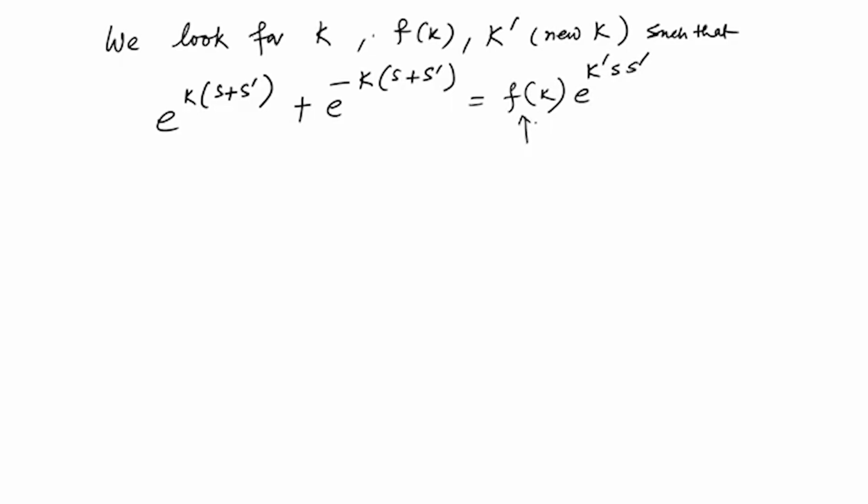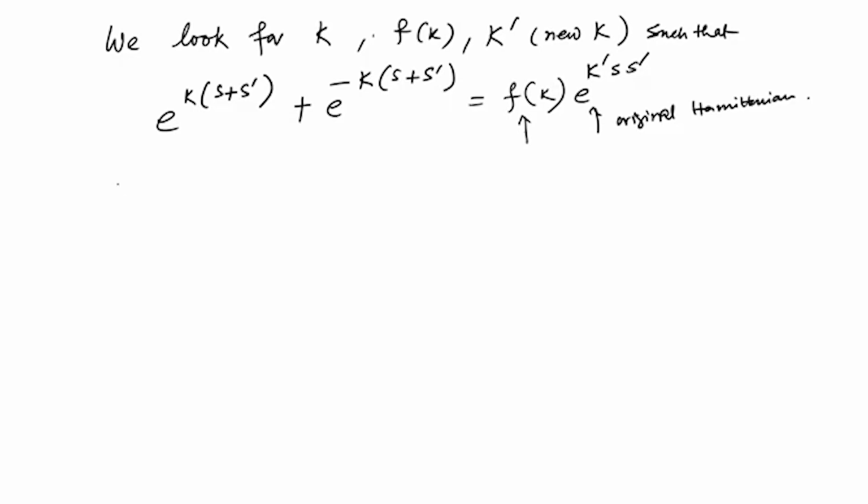It is a function of the coupling constant, but this has the form of the original Ising Hamiltonian, S_i S_j. So, we need to write the new problem, the decimated problem at the first stage, as the original problem in the second stage with a new coupling constant and some quantity f(K) which we need to figure out.